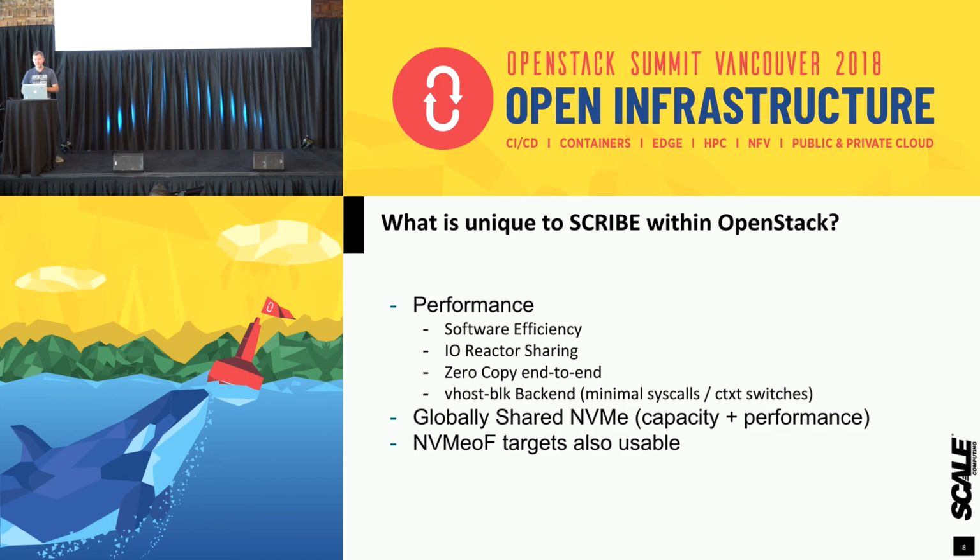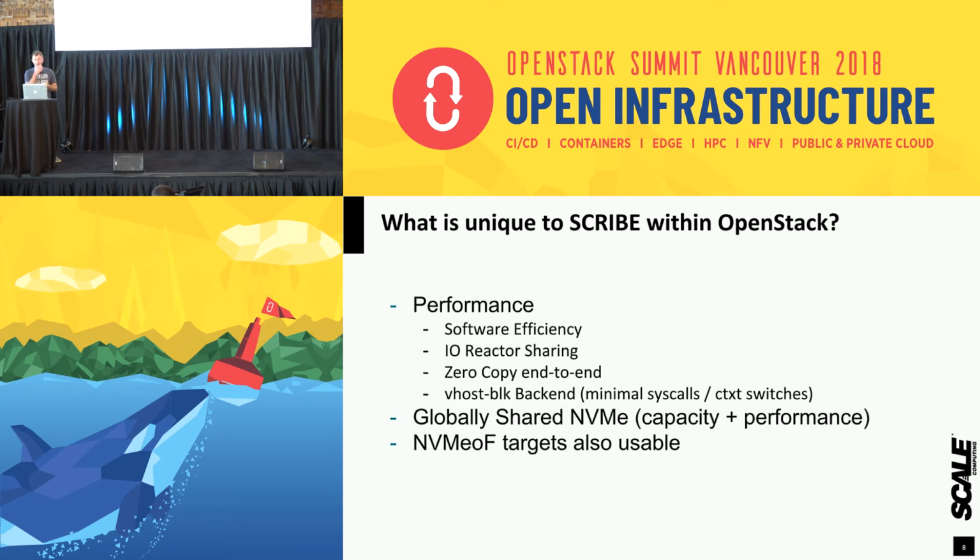What we've learned is that if you share your I/O reactors, you can fully saturate even up to 8 NVMe drives on a single core, with appropriate efficiency in your software. As a result, you end up with much less CPU utilization on a virtualized infrastructure if you have tens or hundreds of VMs that can share just a few I/O reactor cores.